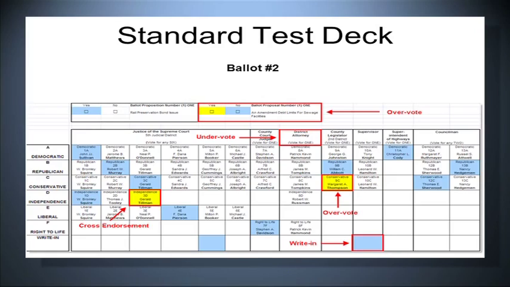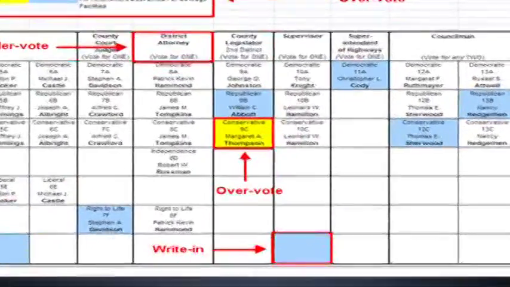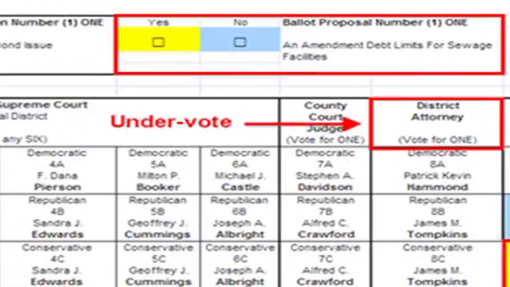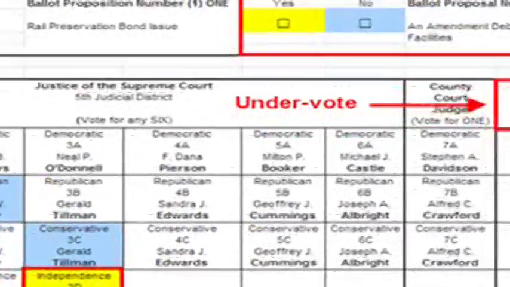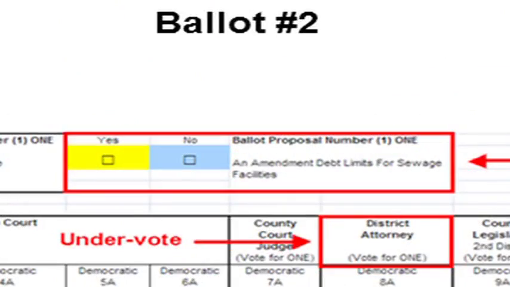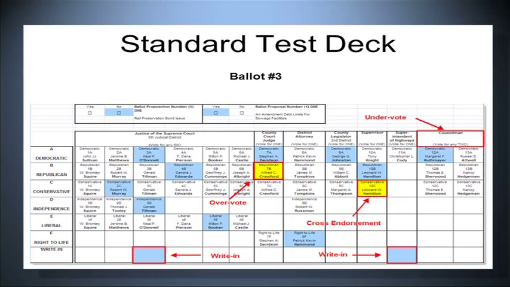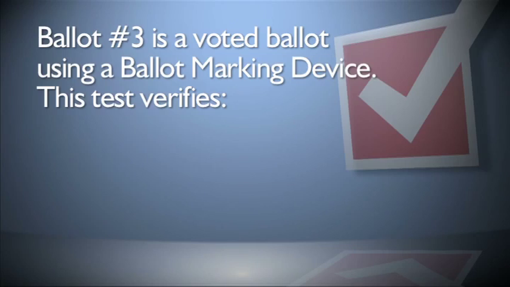Ballot number 2, a hand-marked ballot, is used to cast a vote for every scenario that exists on the ballot. These include overvote, undervote, write-in, cross-endorsement, and proposition. And finally, ballot number 3 is a voted ballot using a ballot marking device.